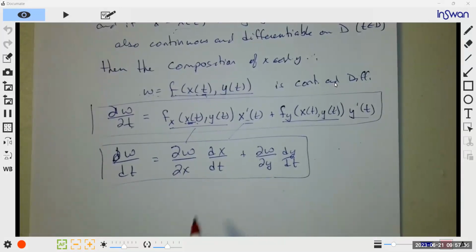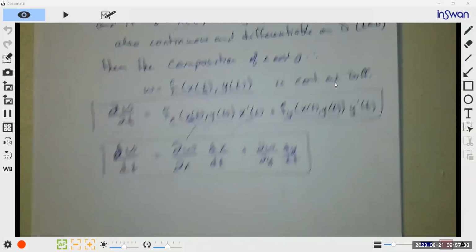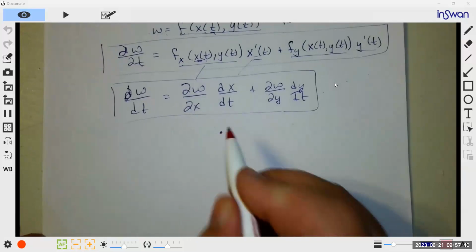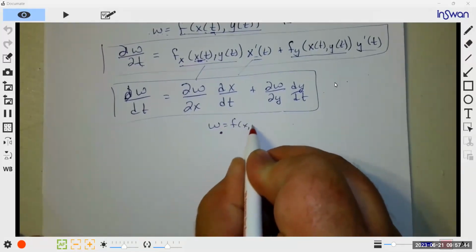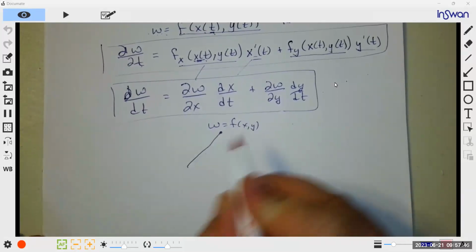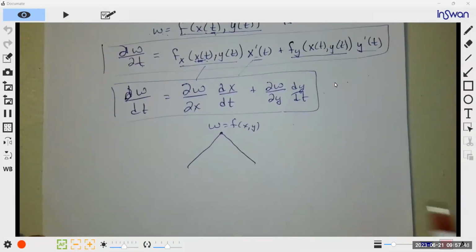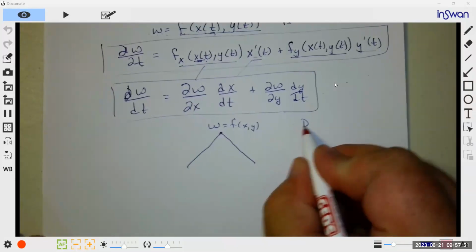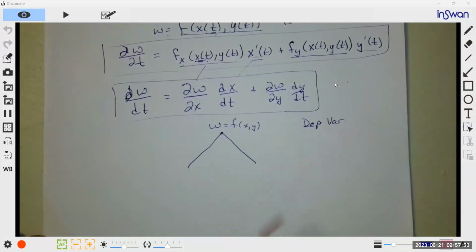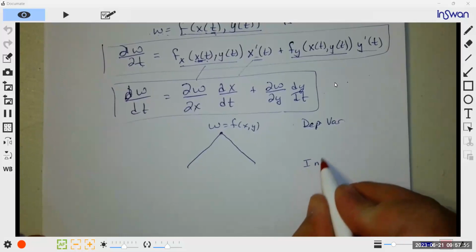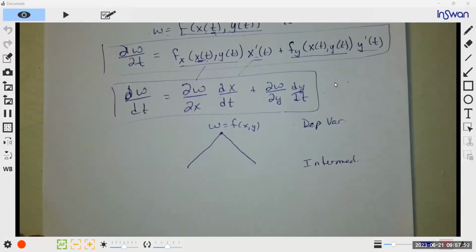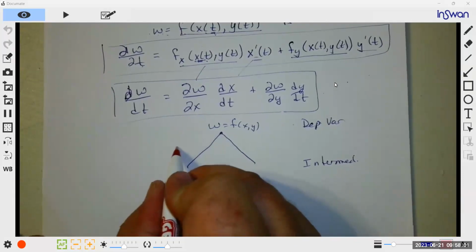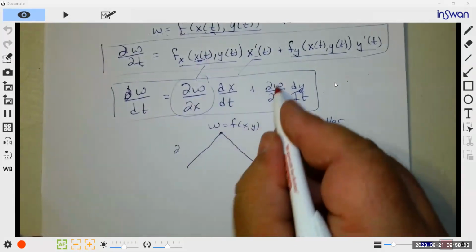Now we can look at this as our diagram. We start off with our function. We have the x part and the y part. Remember, these are dependent variables. We go to our intermediary. Here is where we do the partial with the first parts.